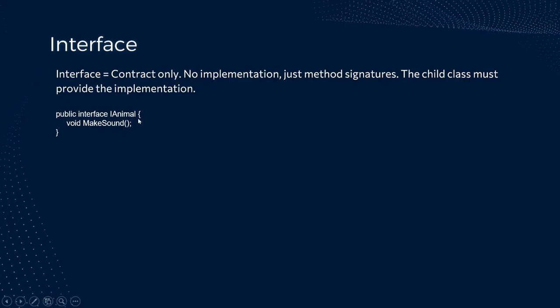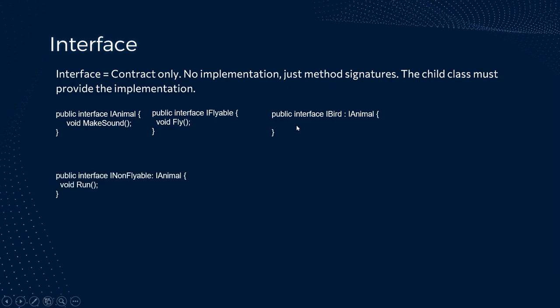First one is the public interface IAnimal, and we have the method signature like void MakeSound, and we don't have the method implementation. In the same way, we have IFlyable. So here the animal can fly, or here we have IBird, which is an animal and it does not contain any methods.